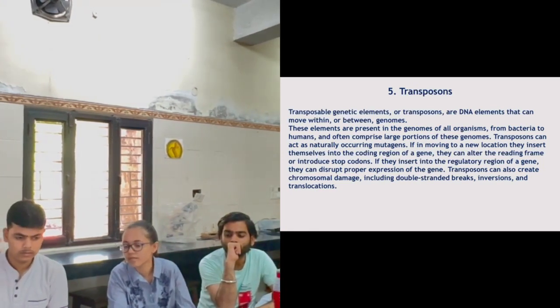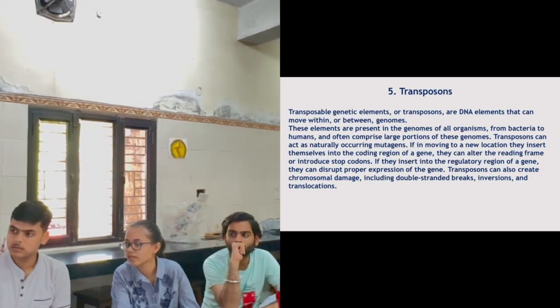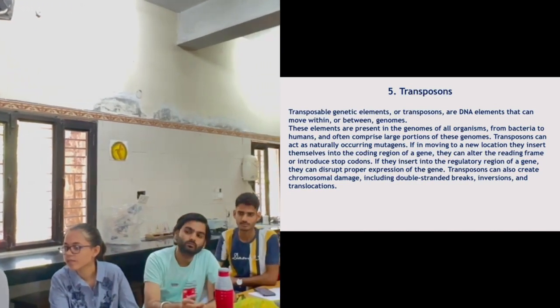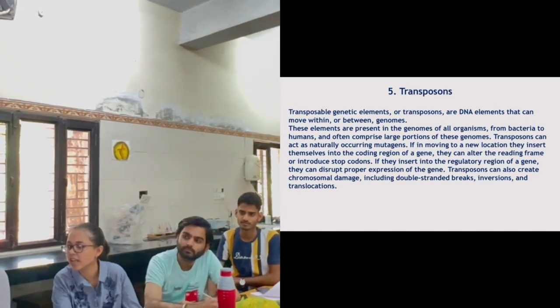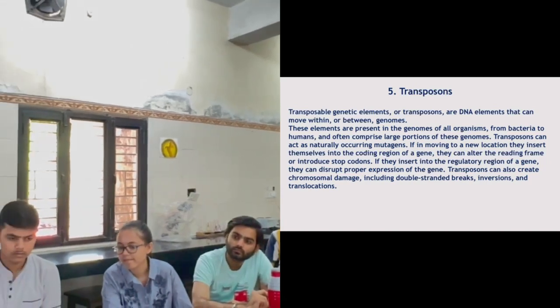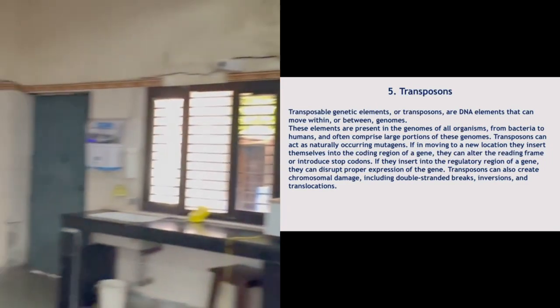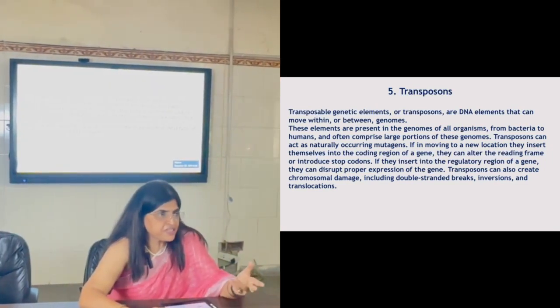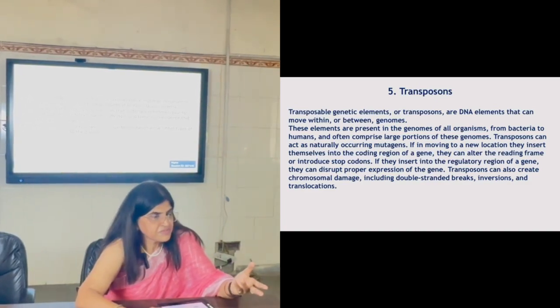They move from one location to another, insert themselves into the new region, and alter the reading frame altogether. So maybe a stop codon is introduced, or the reading frame is changed, and instead of one protein, a different protein is synthesized. Otherwise also, these transposons are known to create chromosomal damage, including double-stranded breaks, inversions, and translocations.